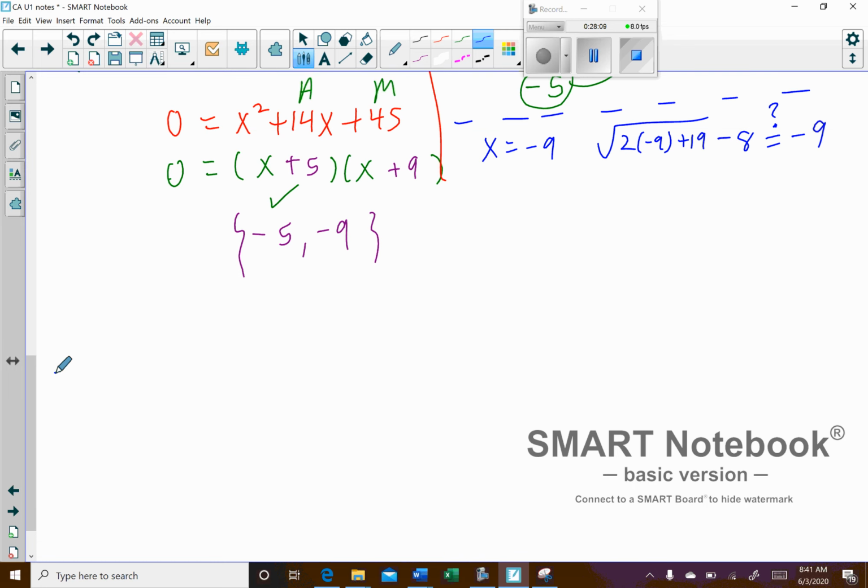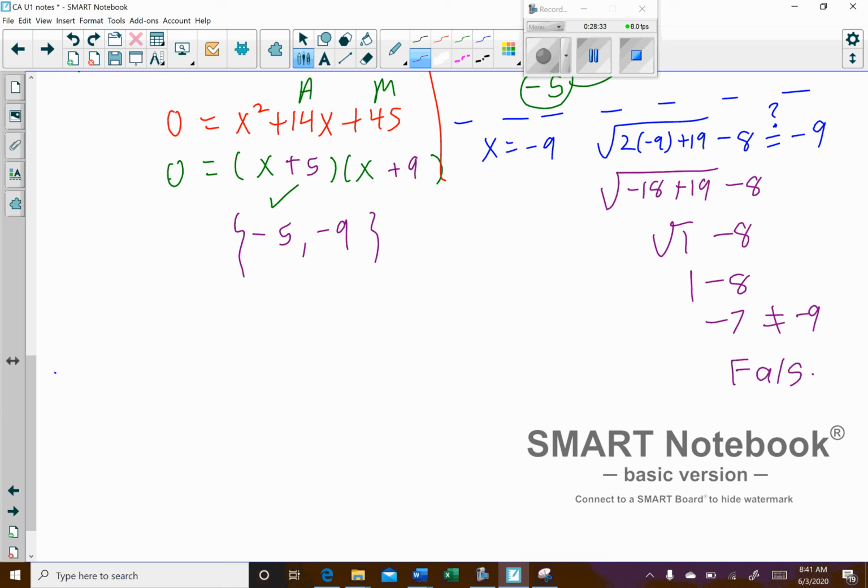All right, so just got to do some algebra to check this. Square root of -18 plus 19, take away 8. This will become the square root of 1 minus 8. So then 1 take away 8 is -7. -7 does not equal -9, so that is false. And so we want to go ahead and not include -9 as part of our solution set.